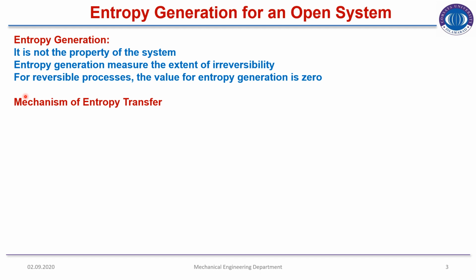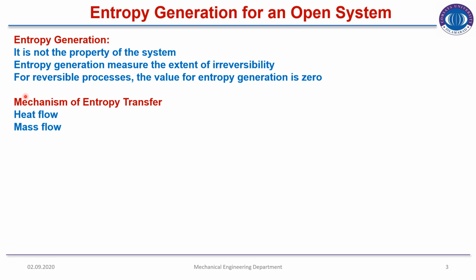Now we will discuss the mechanisms of entropy transfer. There are two main mechanisms of entropy transfer: heat flow or heat transfer, and mass flow or mass transfer. For an open system, exchange of energy is allowed and exchange of mass between the boundary and surroundings is also allowed.